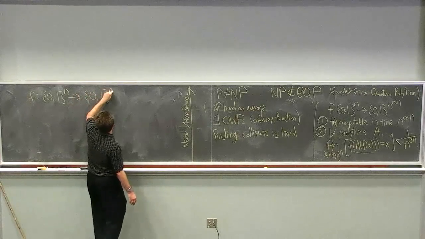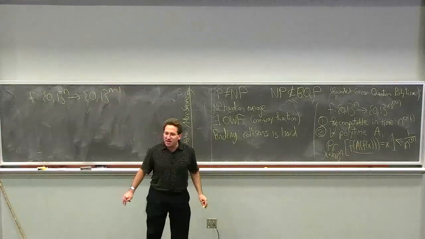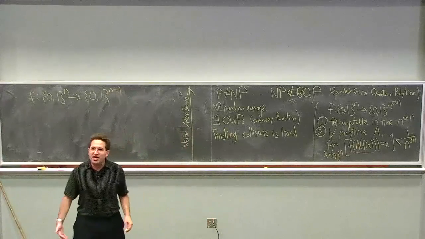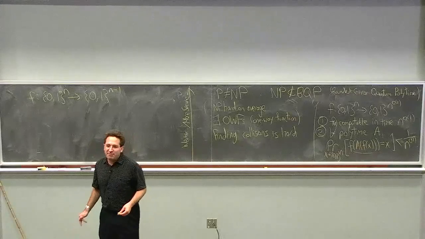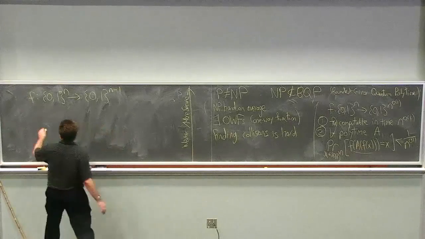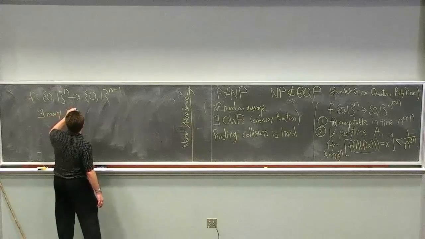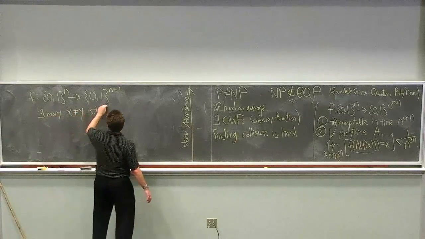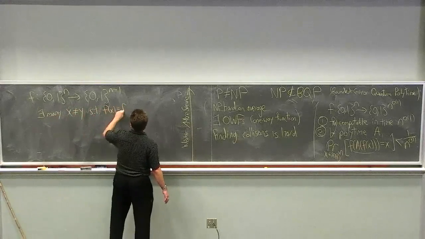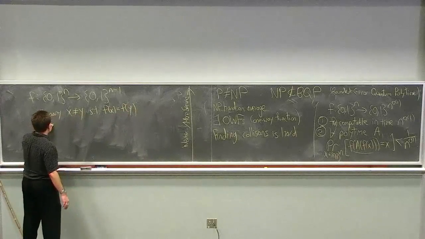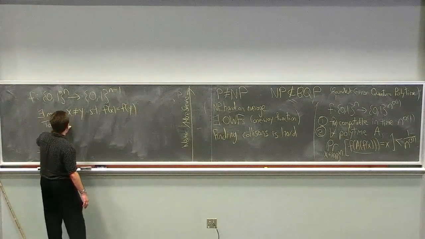This will be a function that maps n input bits to n minus 1 output bits. Just by counting, we know that this function must have many collision pairs, meaning there must exist many input pairs x not equal to y such that f of x equals f of y. And the task is just to find any such pair.